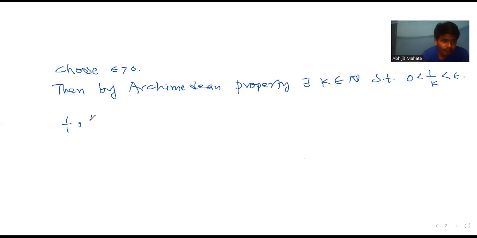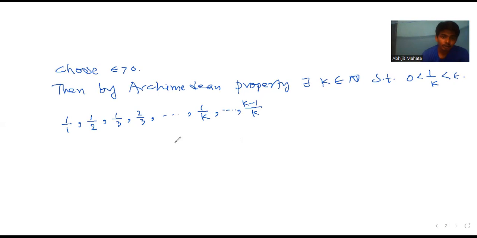Now we can take 1/2. Then 1/3 and 2/3. We continue this way, and finally we get 1/k up to maybe (k-1)/k. So these are all rational numbers, and this list is the complete list of rational numbers whose denominator is at most k.